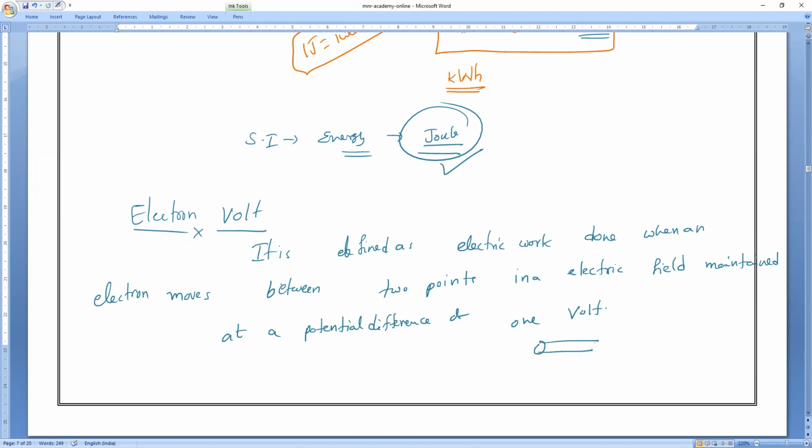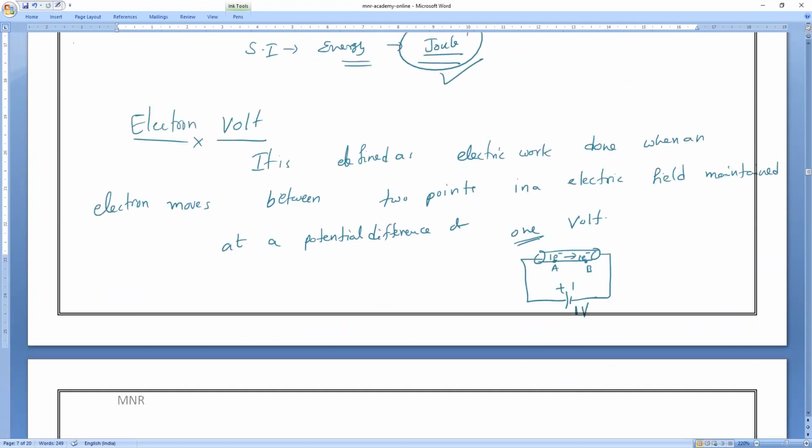If I take a conductor, remember, if one electron is transferred from here to here, imagine this is point A and this is point B. Clear? And what is the potential difference? Battery or cell? What is the voltage of the cell? 1 volt.